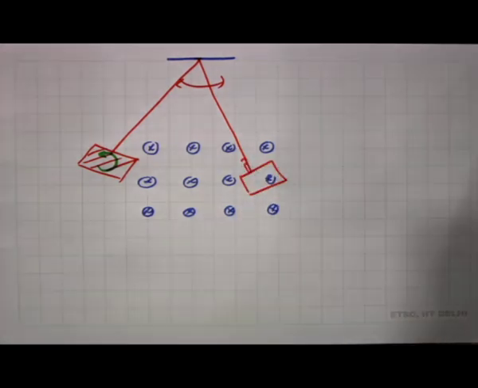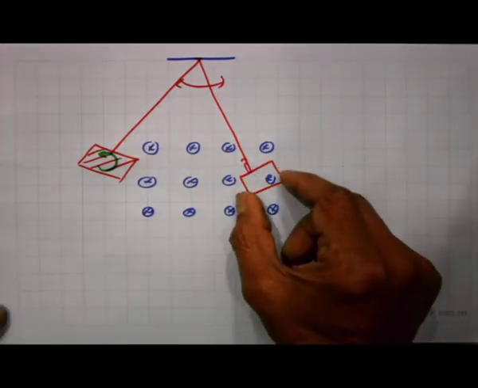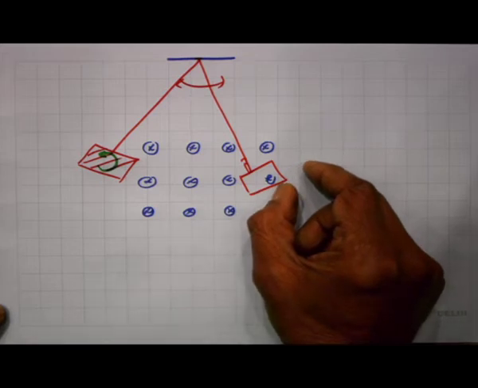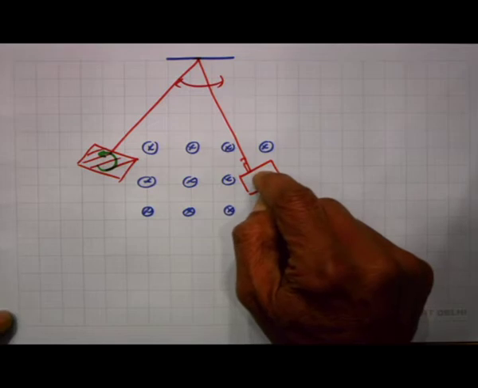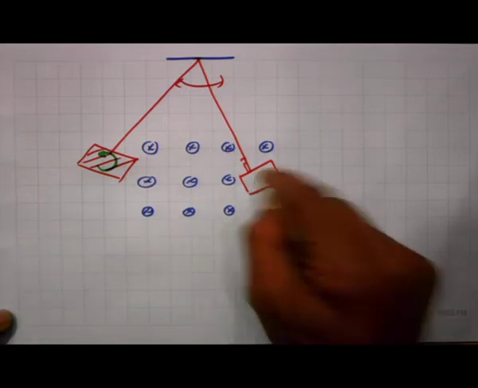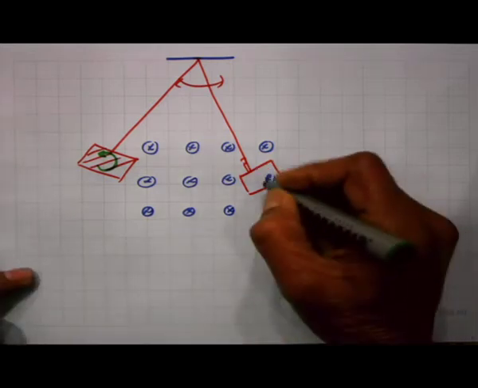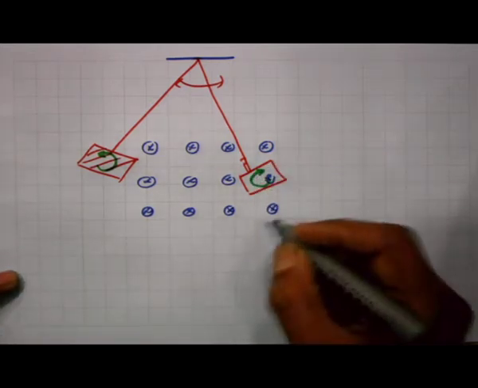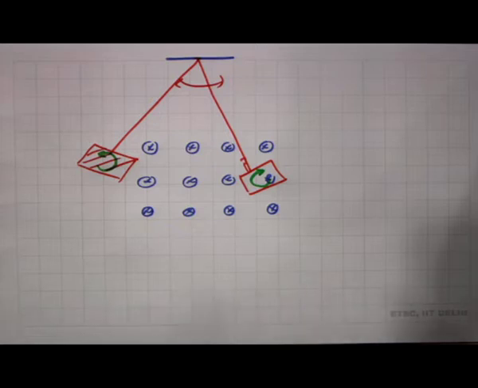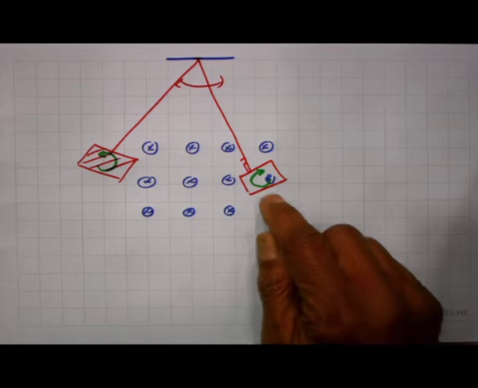Now, as the plate exits the magnetic field, the magnetic flux is decreasing with time, and so the induced current must counter this effect, which means it must generate a magnetic field pointing downward, and that means the current must be in this direction. So, this current produces a magnetic field pointing downward, and it leads to an eddy current in this direction.